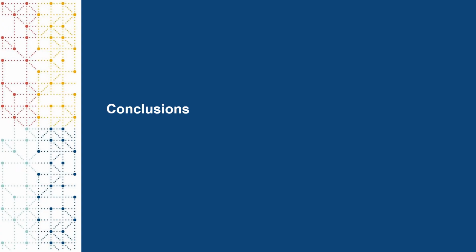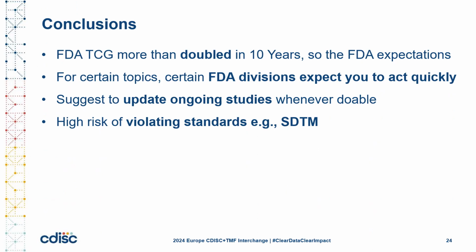So, reaching the end of my presentation with some final recommendations and considerations. We have seen the requirements and expectations from the agency have increased through the years. In our experience, FDA, in particular some divisions such as the CBER, expect you to act quickly, despite in theory having two years to implement any new requirement.